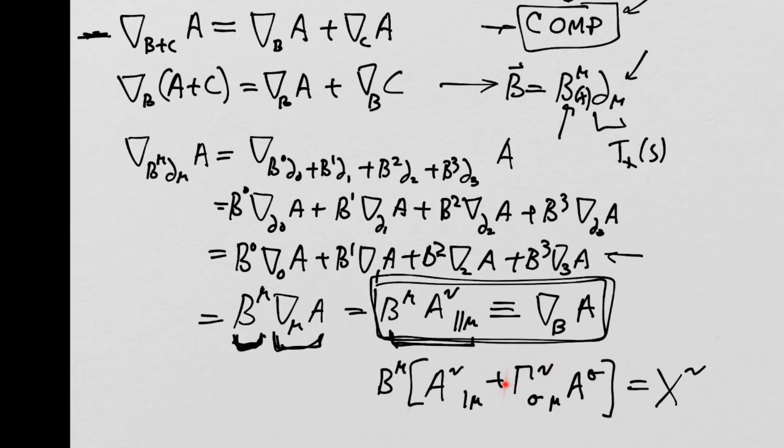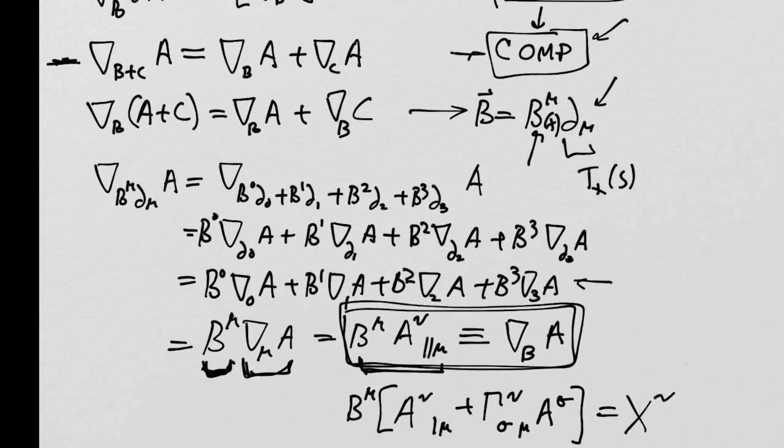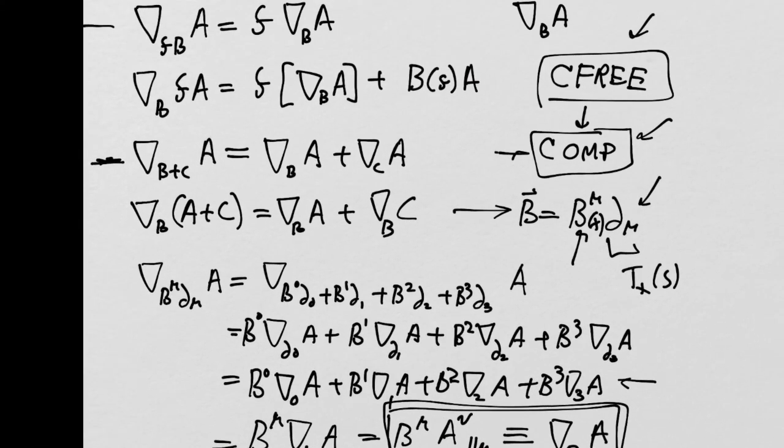So the question is, how do we get at this through this CFREE notation? And the answer that I know, I'm sure there's a bunch of ways of doing it, is to lean on this expression here. And how are we going to do that? So let's try it.